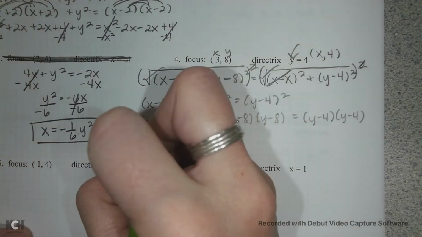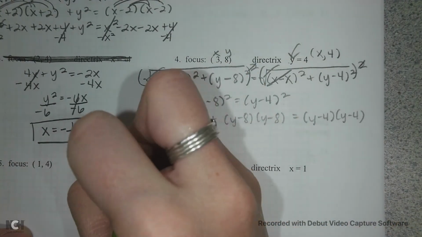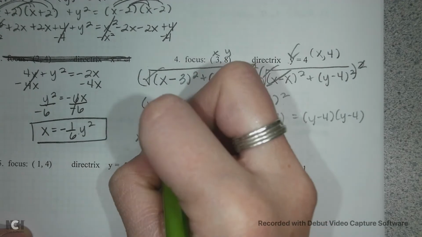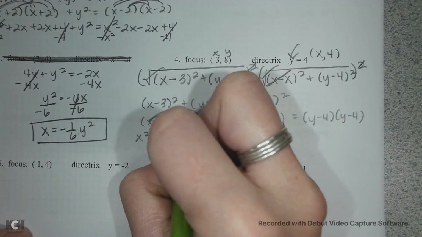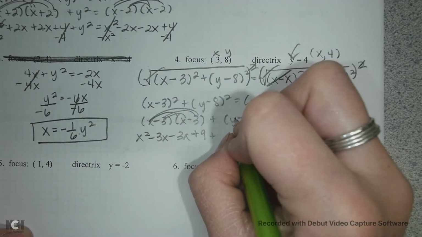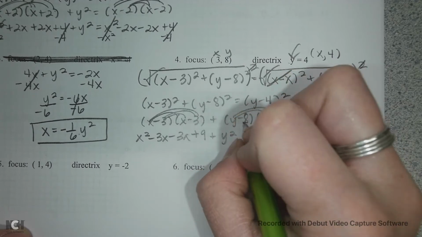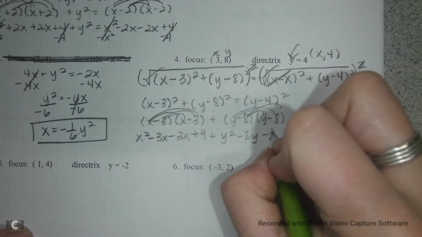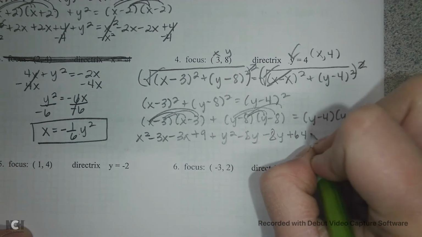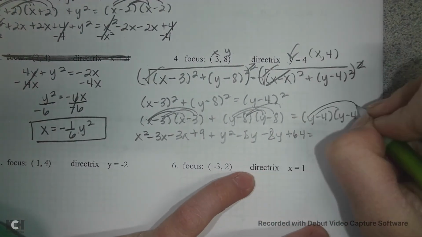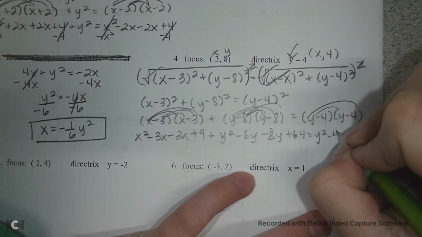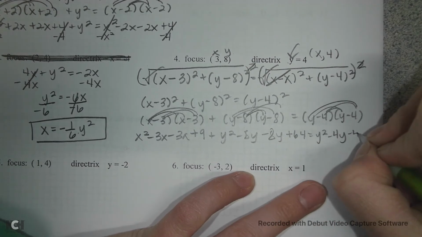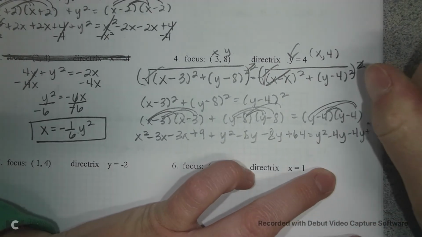Distribute x times x. So we have x squared minus 3x, and distributing that guy, negative 3x plus 9. Again, distribution, y squared minus 8y. Notice the repeating pattern, negative 8y plus 64. Again, y squared minus 4y, and last, negative 4y plus 16.